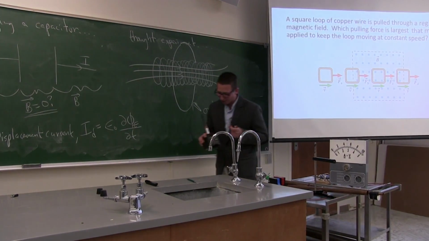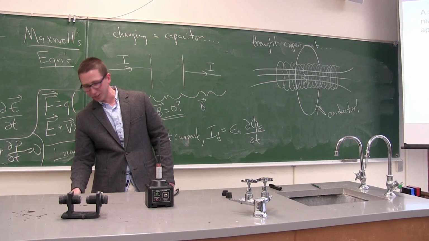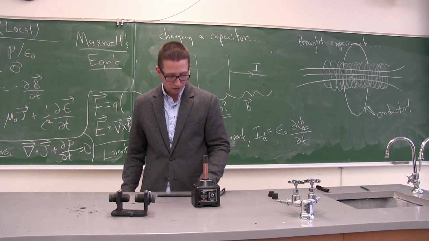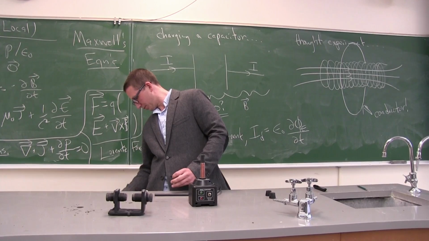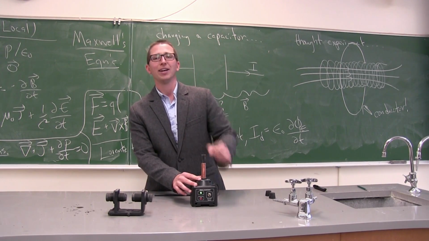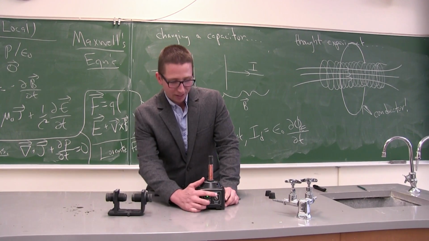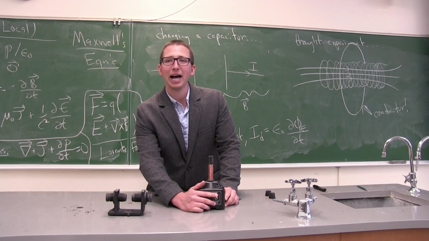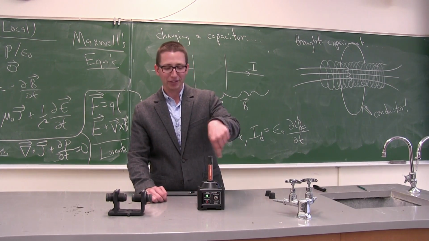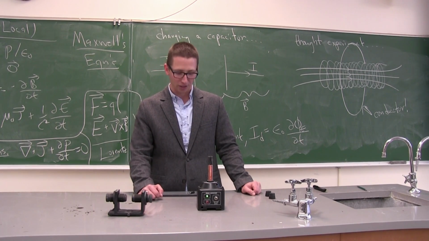All right, now, so here I'm going to turn on some current. Okay, so here's a solenoid. This is just a loop of wire, and when I press this button down, it basically turns the current on. So there's a rapidly changing magnetic field through this solenoid, just kind of like the one I've drawn here, except it's vertical.